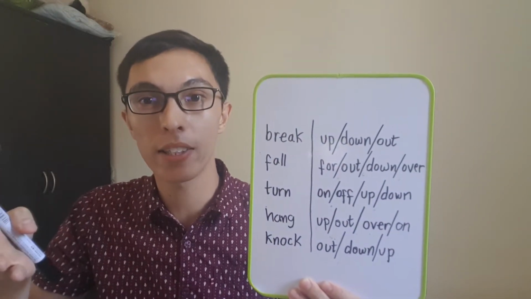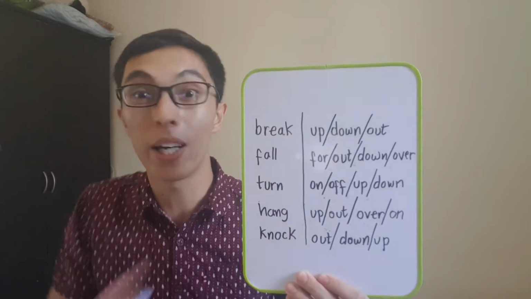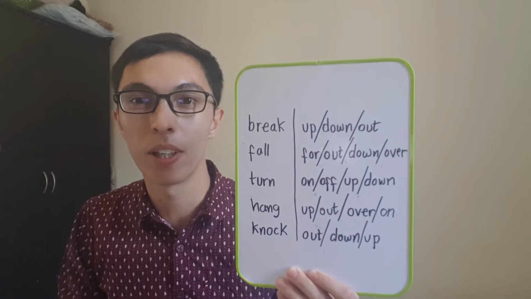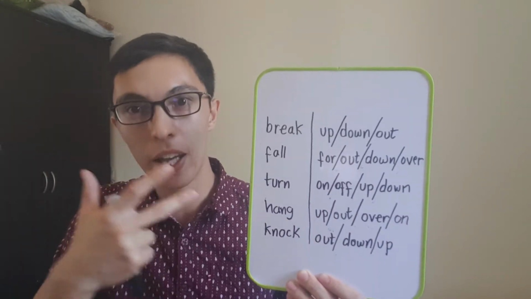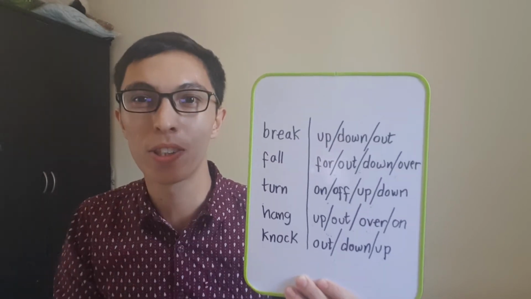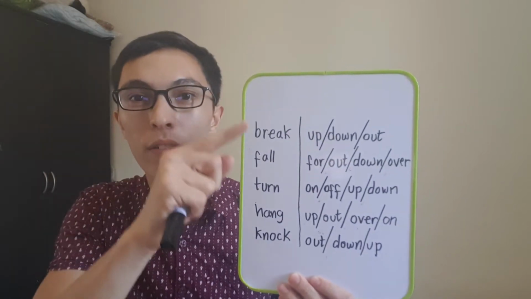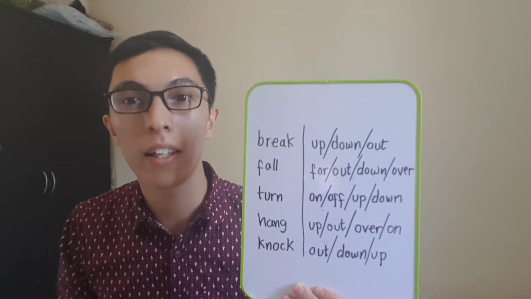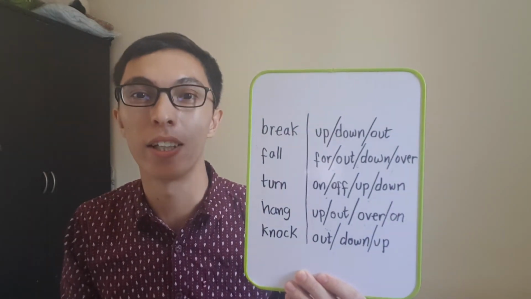If a man breaks out of prison, if somebody breaks out of school, they leave, they become free. Okay? Another meaning, if your face breaks out, it means you get acne or spots. Okay? Remember, when you have a verb and different prepositions following it, it can change the meaning significantly.